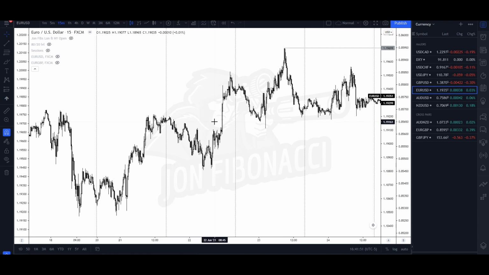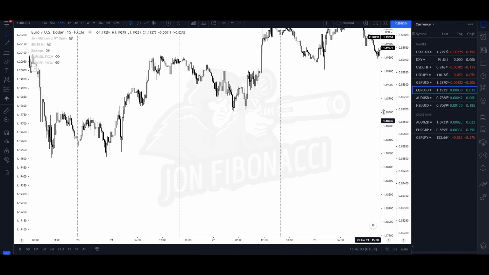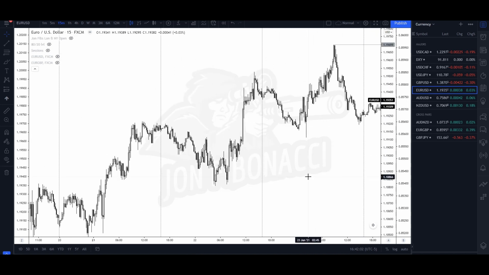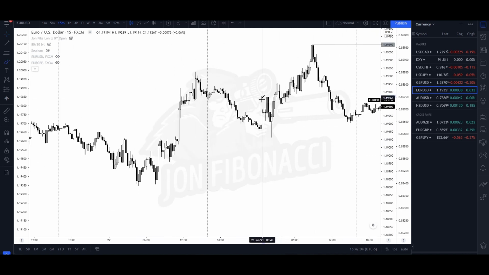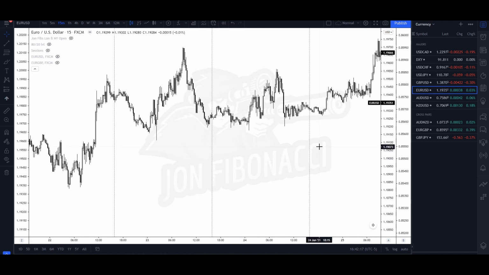I think I shorted this. It was right here. What I ended up doing was shorting that up move there, and then price ran lower, and then I aggressively moved my stop, and then price came up to knock me out. So I took a break even there, and really didn't do anything for the rest of the week.